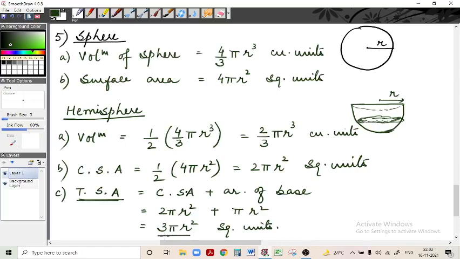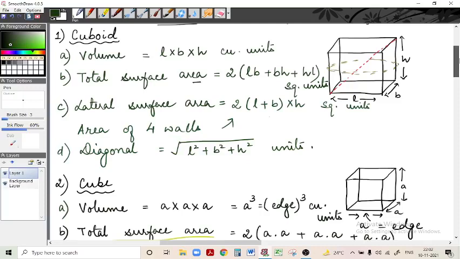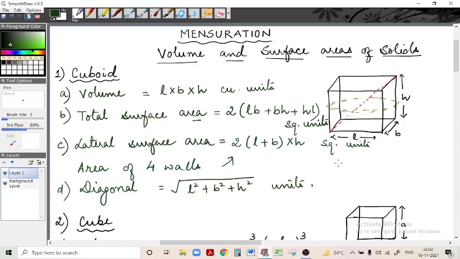Okay, so today we have learned about many topics: cuboid, cube, cone, cylinder, hemisphere. Let us come to the gist once more. From the starting, whatever we have learned, just go through once. Here we have learned about cuboid.